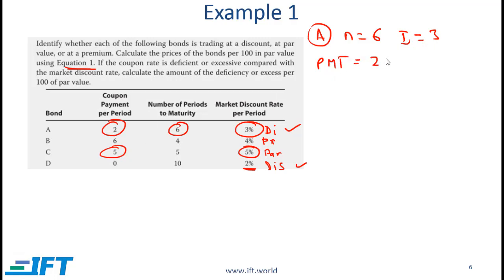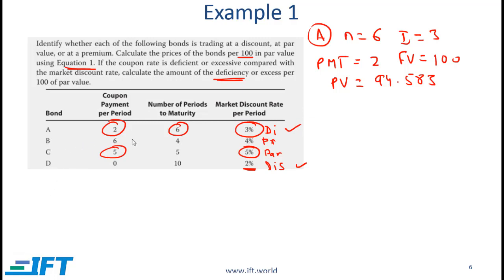The future value is 100 because we are doing this based on $100 par value, and then you compute PV. The deficiency that the question asks about is the par value 100 minus this number, which will give you 5.417.